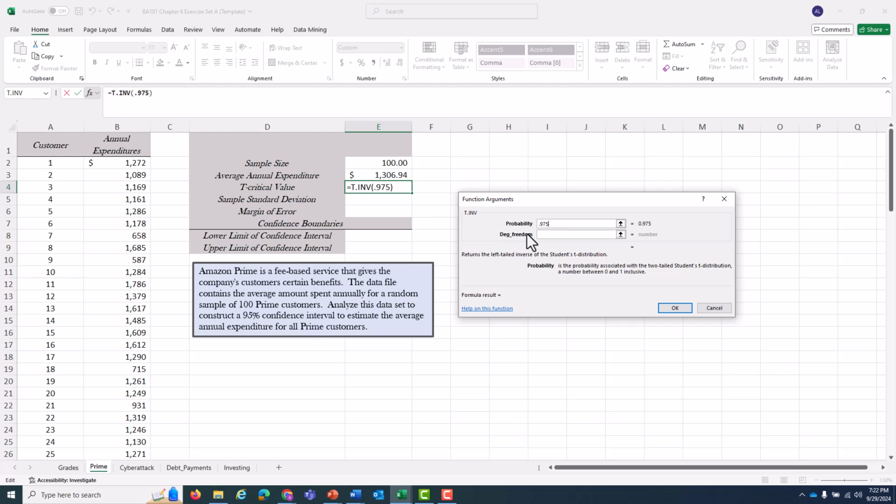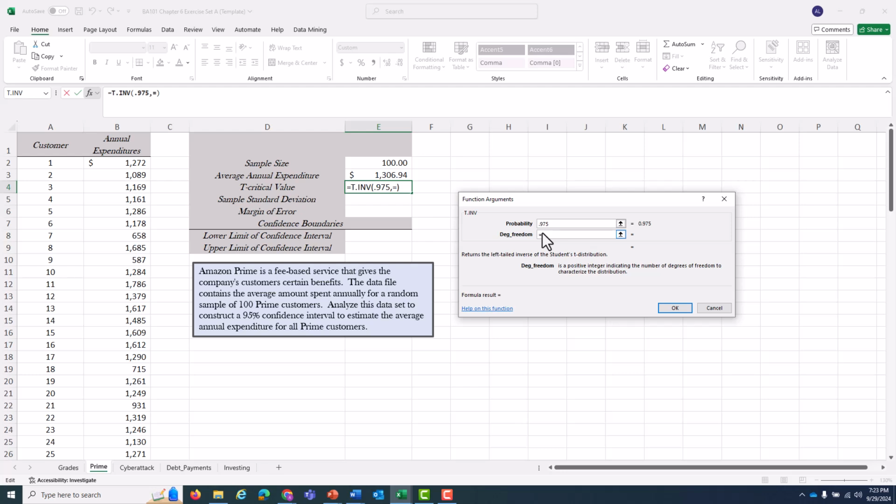And then the second thing I need is my degrees of freedom. Because we don't know a statistic, a parameter, about the entire population, we've got to have some kind of way to factor in the truth that the bigger our sample is, the more accurate it probably is as a predictor of the entire population. And that's what degrees of freedom does. The formula for it is n, your sample size, minus 1.